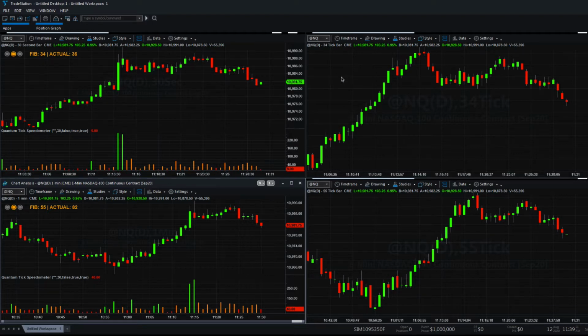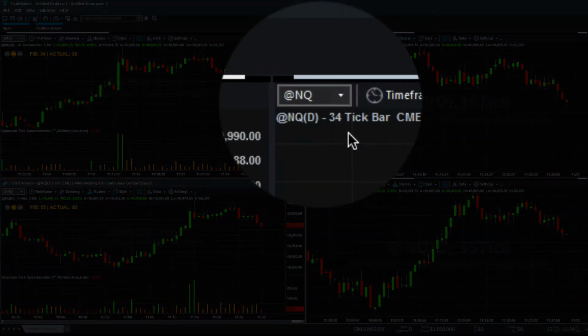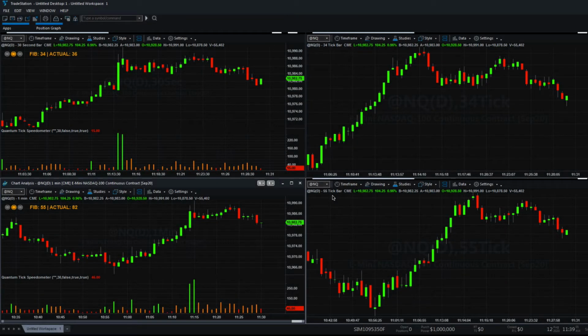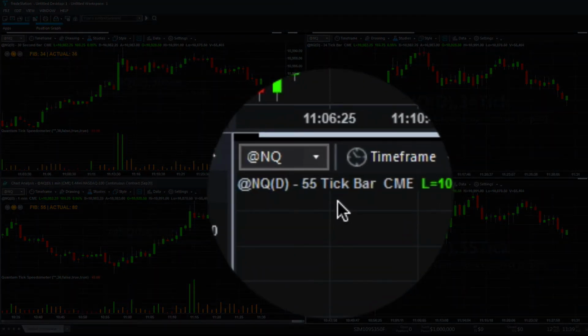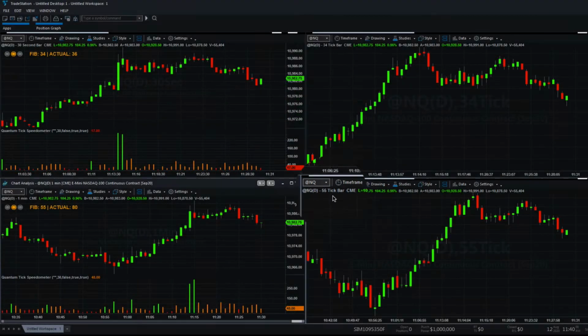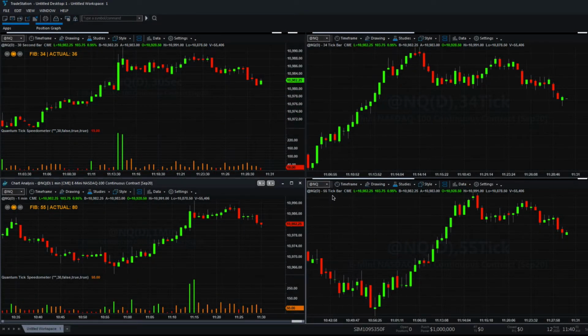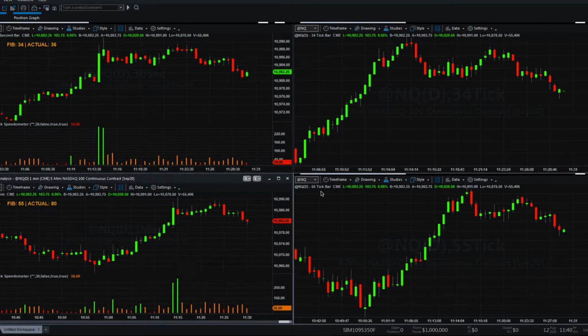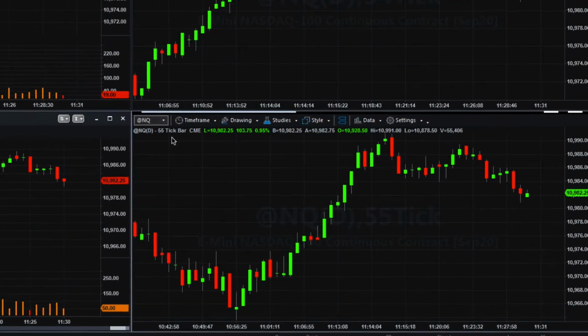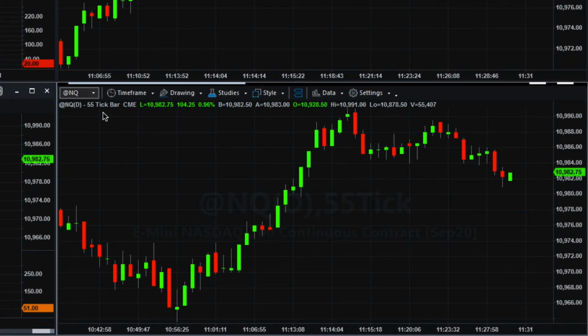On the 55 tick chart, once 55 ticks have passed through the market, then that candle will close and it will move on to the next candle.